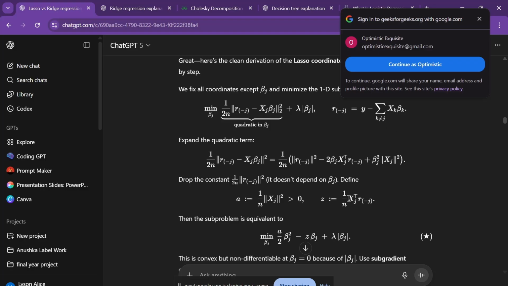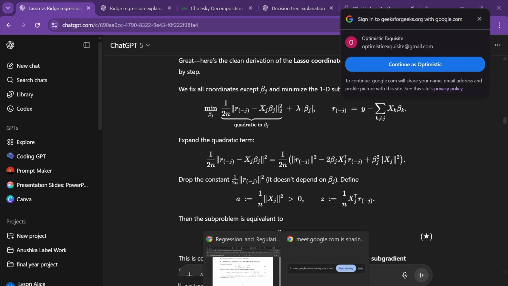So the r minus j encapsulates the information about all the other set of parameters, and xj gives you information about this particular input. So that is the jth input, and r minus j gives you information about the parameters which are not related to j at all, right? So this term is essentially the correlation between the jth input and all the other parameters, right?